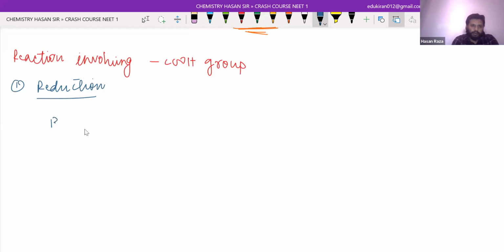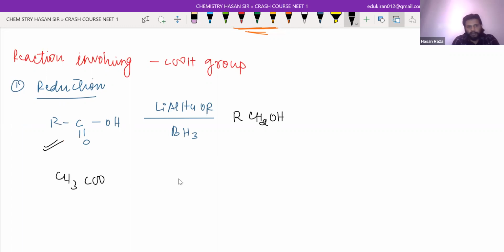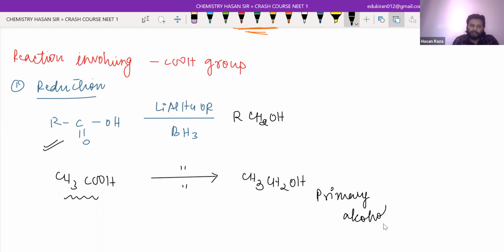If you are going to use a strong reducing agent like lithium aluminum hydride, or you can use BH3, this carboxylic acid will be directly reduced to alcohol. Like if you have ethanoic acid and you use a strong reducing agent, it will be directly converted into ethanol. So it will generally give you primary alcohol, not secondary. So it's very important.